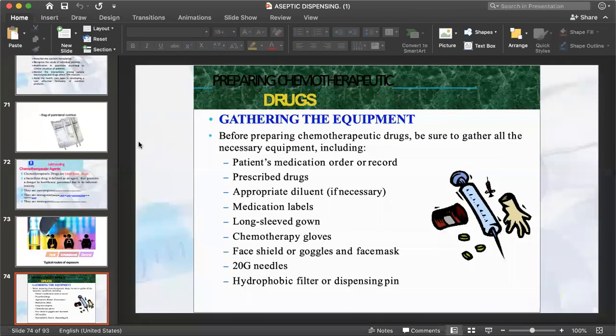So you must know the prescribed drugs, appropriate diluent, how diluents are added to the solvents, medication labels, long-sleeved gown. The worker has to wear long-sleeved gowns, chemotherapy gloves, face shield or goggles and face masks, 20 gauge needles, hydrophobic filter or dispensing pins.